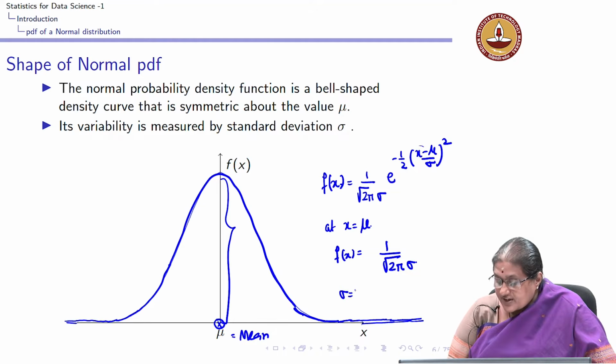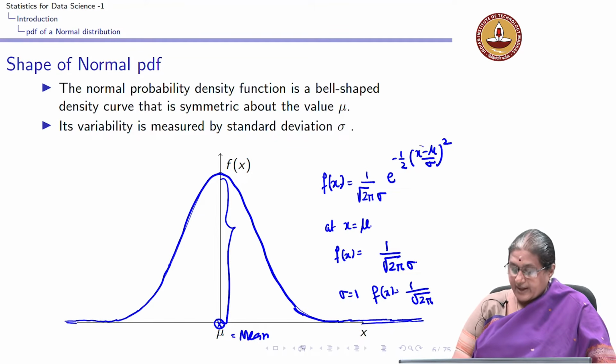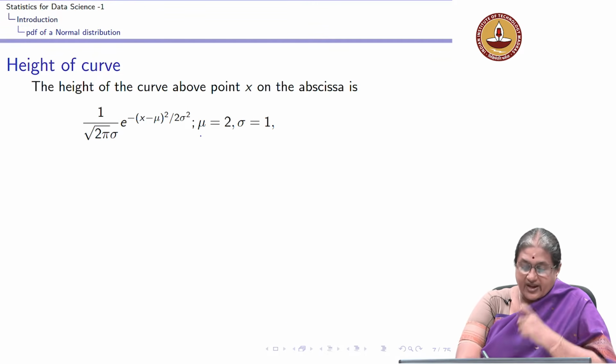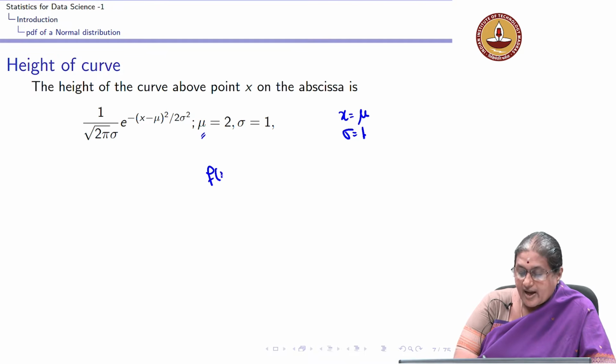Further, if sigma equal to 1, f of x equals 1 by root 2 pi. So, for any value of mu and sigma equal to 1, at x equal to mu, the height of the curve is 1 by root 2 pi.